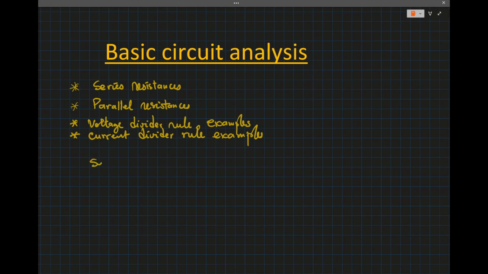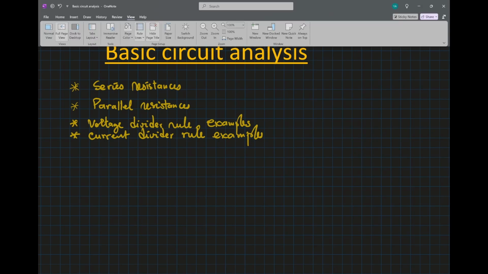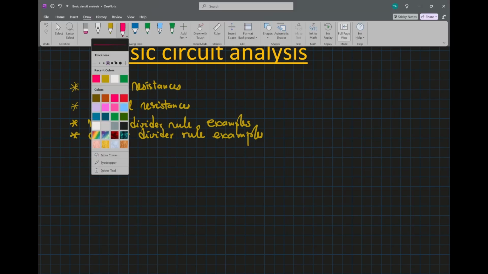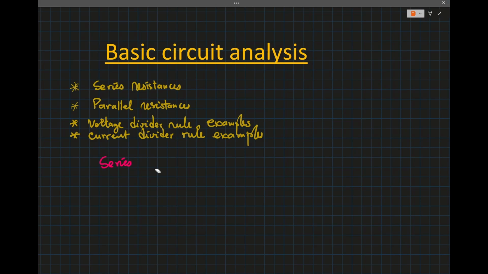So for series resistances, let's say we have R1, and this is node A, then R2, R3, R4, and say we have Rn.